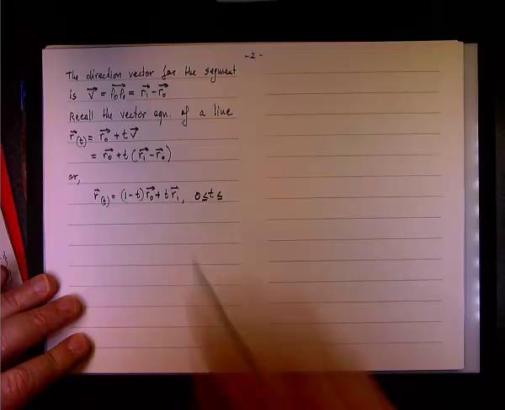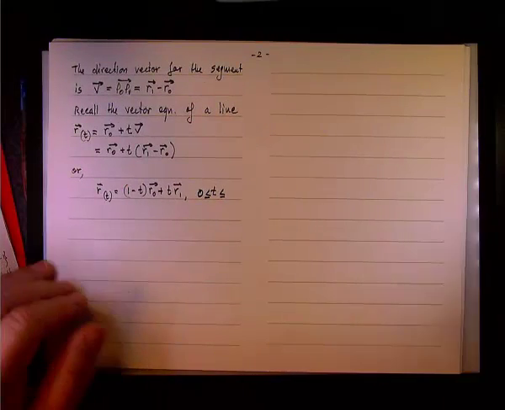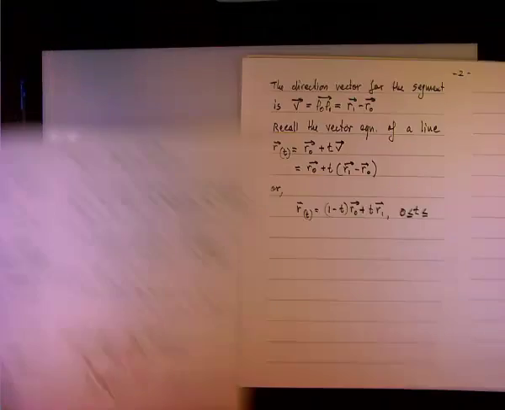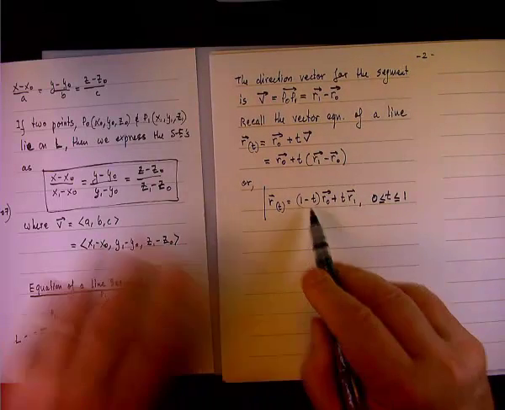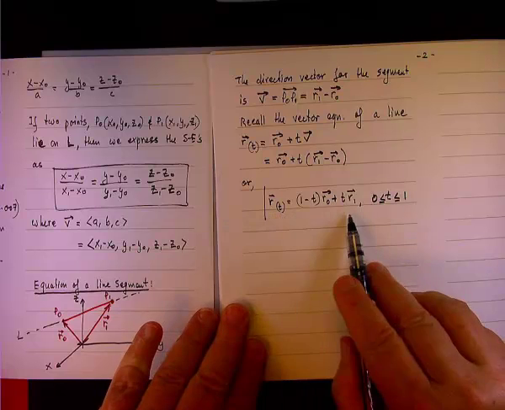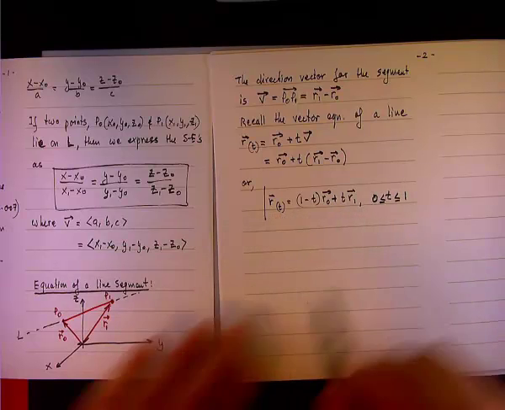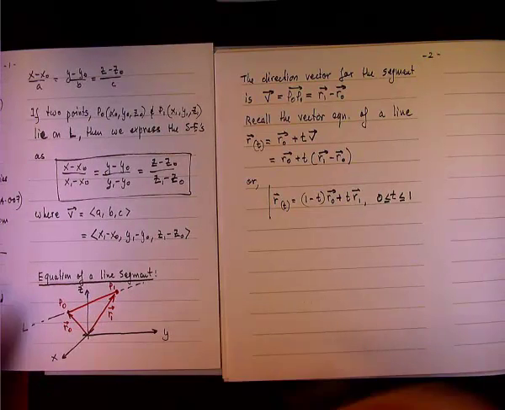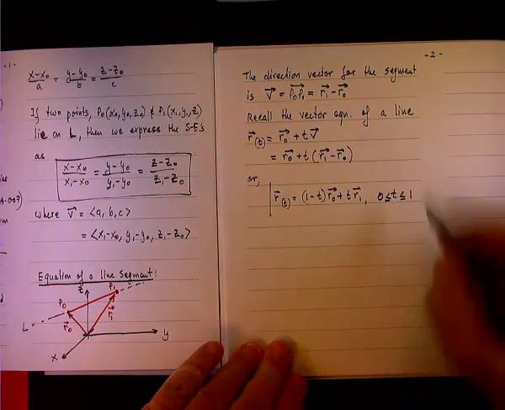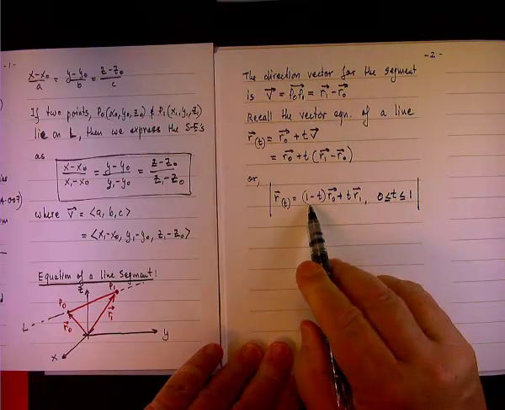And the restriction on t will be the following. If we go back to the sketch, if t equals 0, then if you look at this expression right there, r equals only r sub 0.